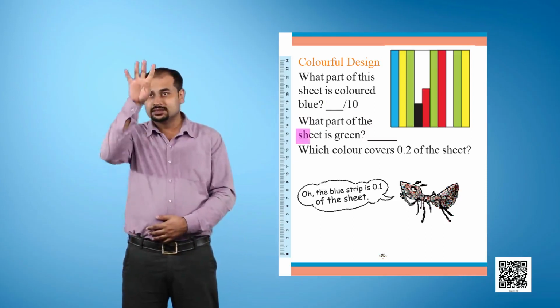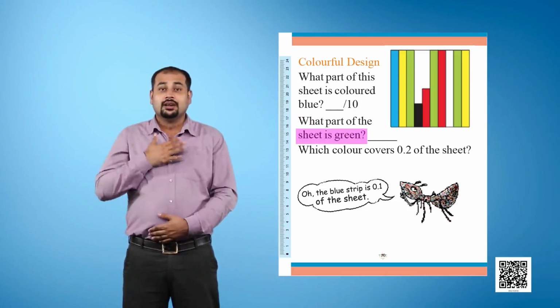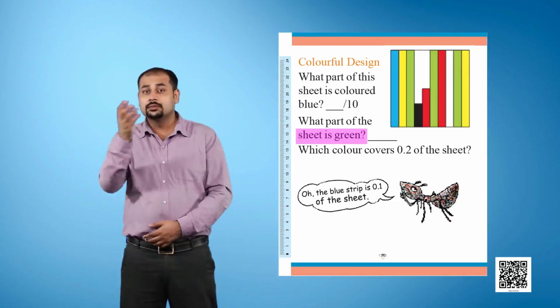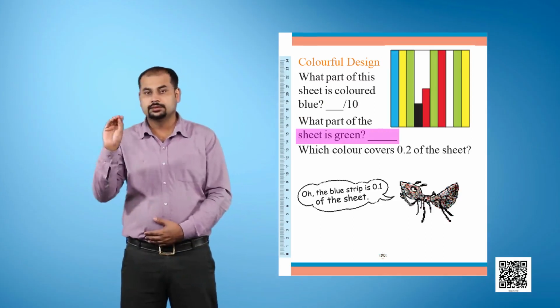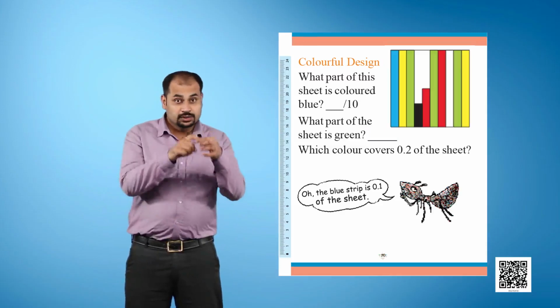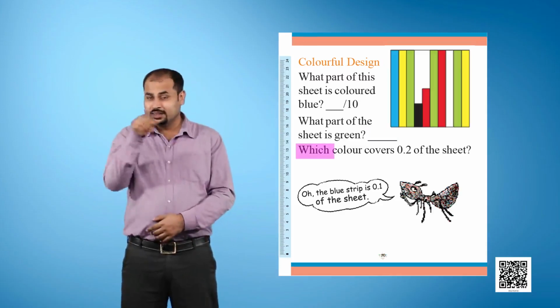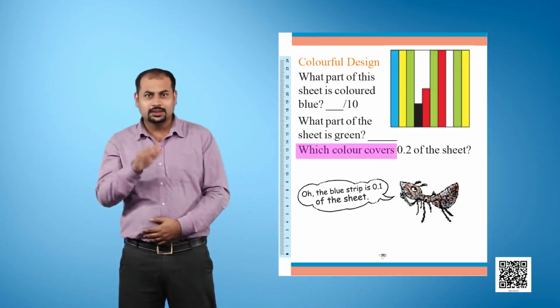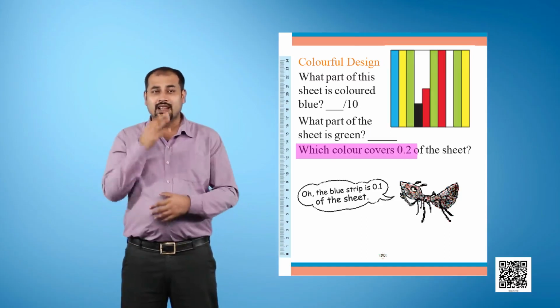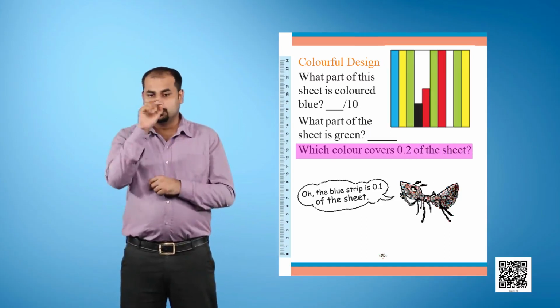What part of the sheet is green? Dash. Which color covers 0.2 of the sheet?